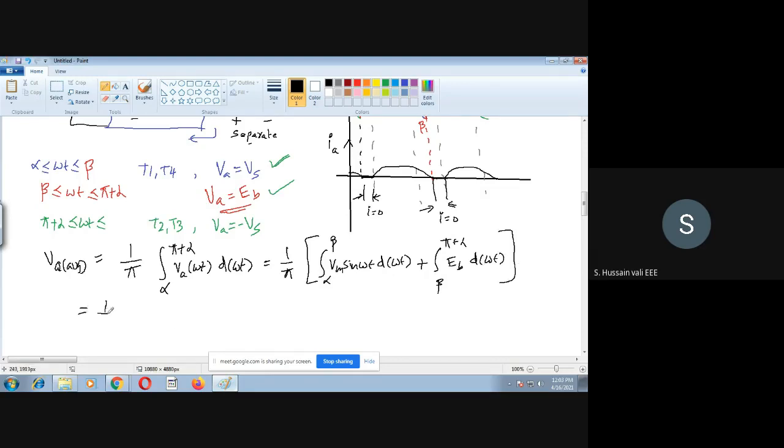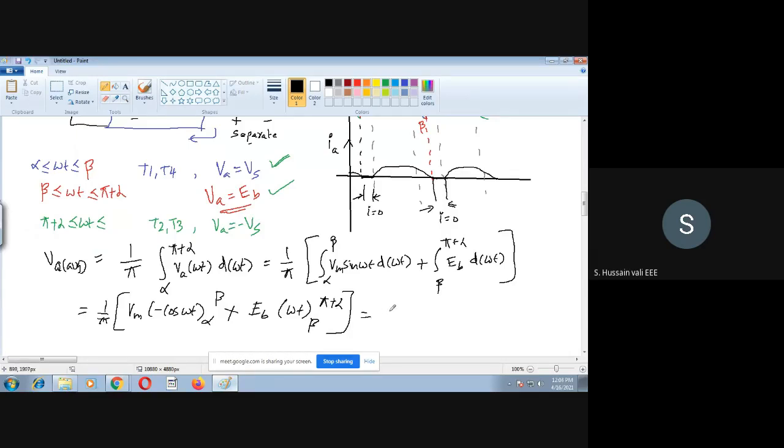Then 1 by pi, Vm times minus cos omega t from alpha to beta, plus EB is a constant, so EB times omega t from beta to pi plus alpha. This we can further simplify.